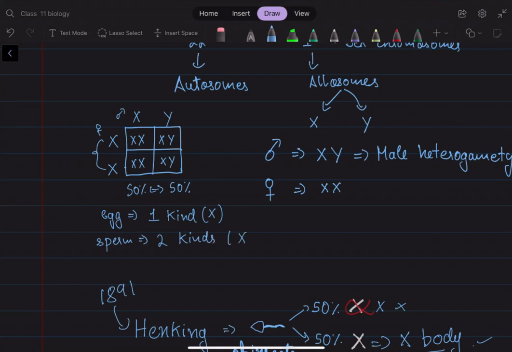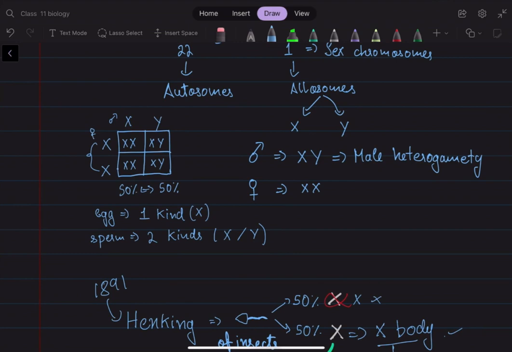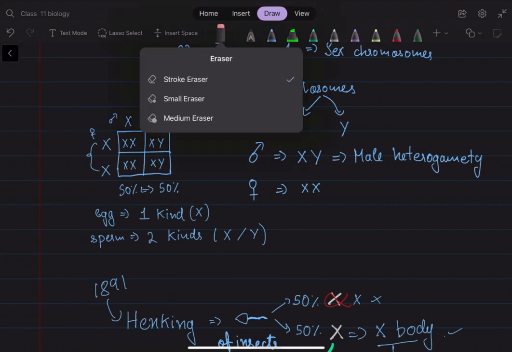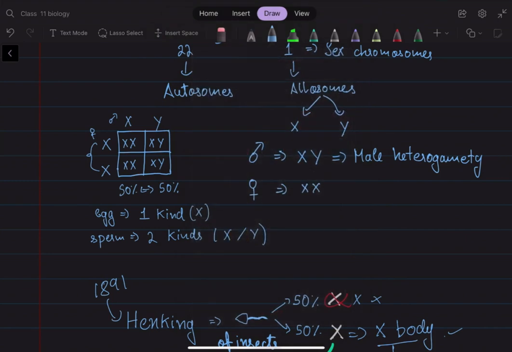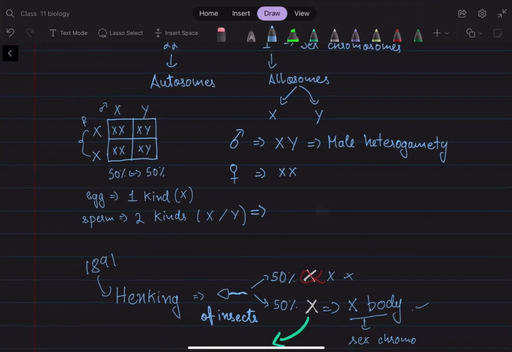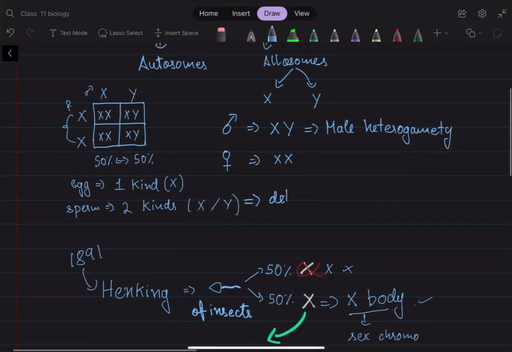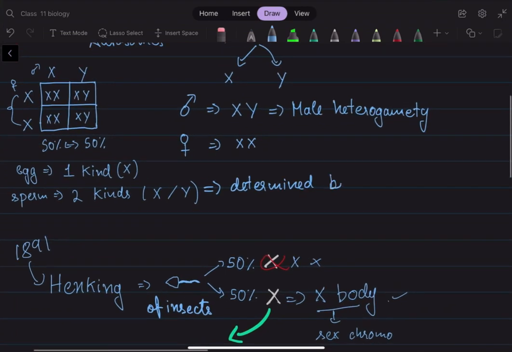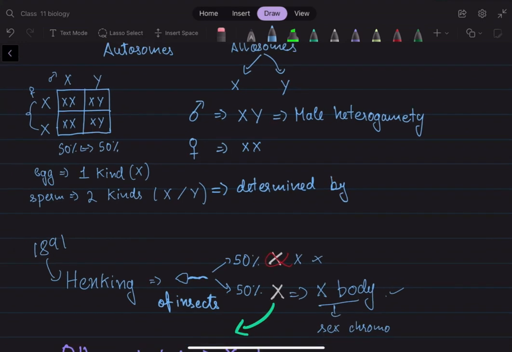One will contain X, or the other will contain Y. So there are two kinds of sperms that can be produced, whereas in female, only one gamete can be produced, which contains X. So basically, it all depends on the kind of sperm that fertilizes the egg. So usually the sex of the baby is determined by the father and not the female.